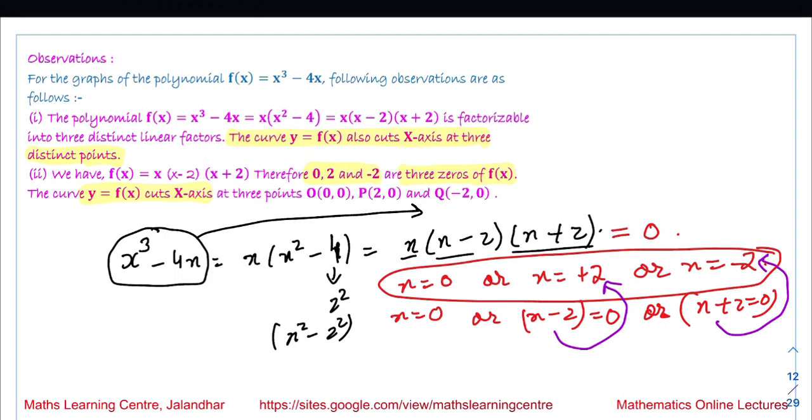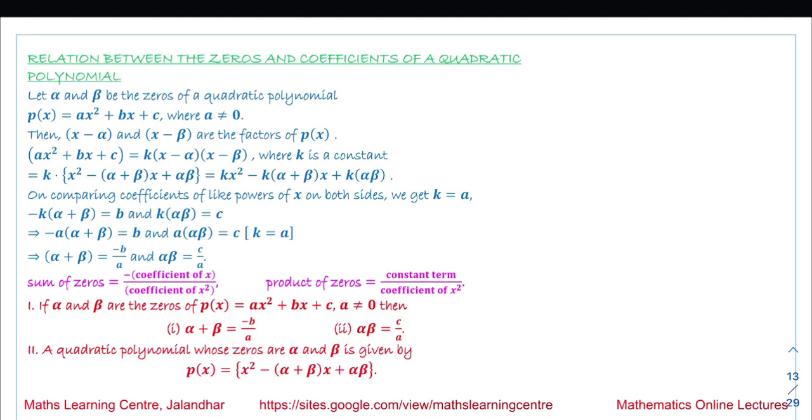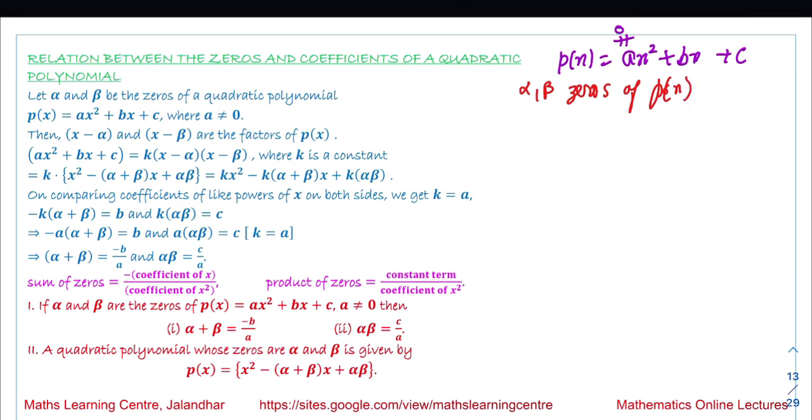Next is the relation between the zeros and the coefficients of a quadratic polynomial. Suppose we are given a quadratic polynomial p(x) is equal to ax square plus bx plus c. It is a quadratic polynomial, which means a is not equal to 0, and suppose alpha and beta are the zeros of this polynomial p(x).